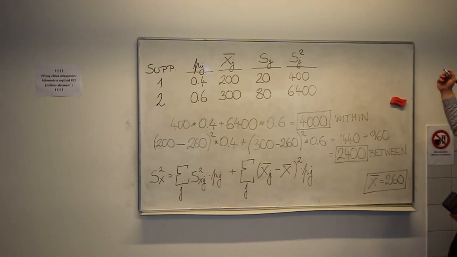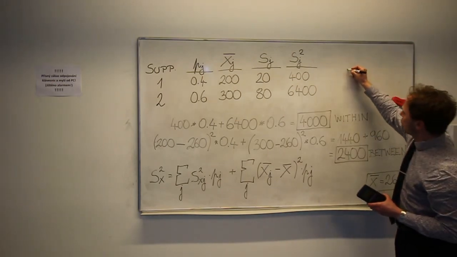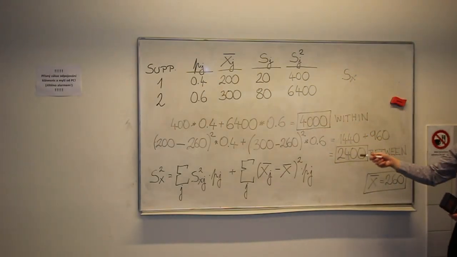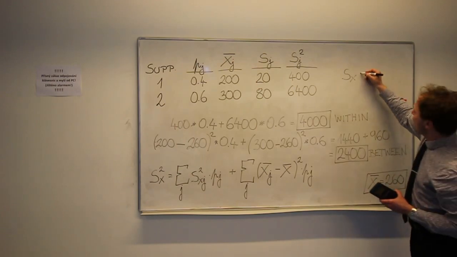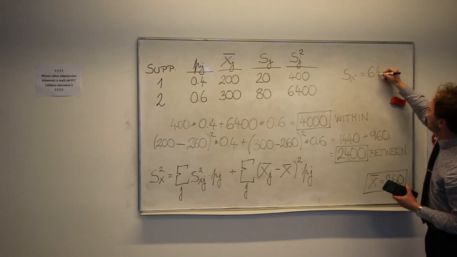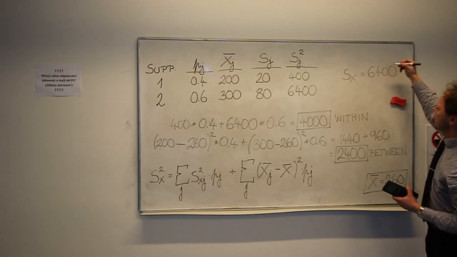And in total, if you calculate the summation, 4,000 and 2,400, the summation will be 6,400.